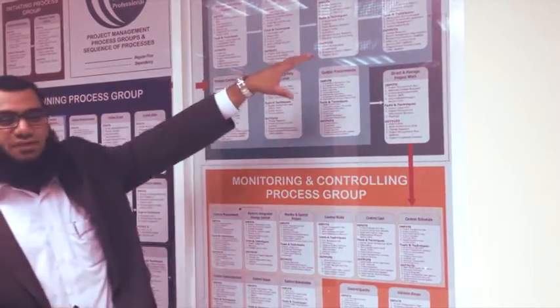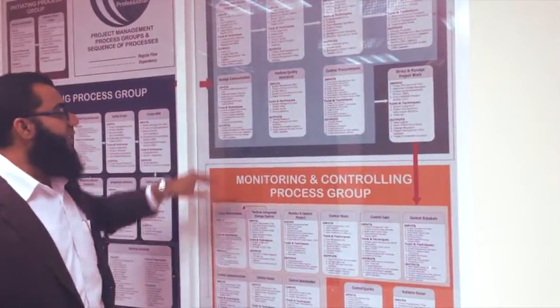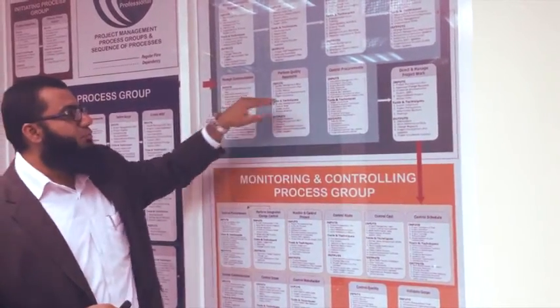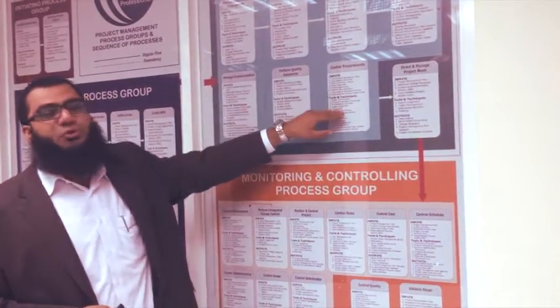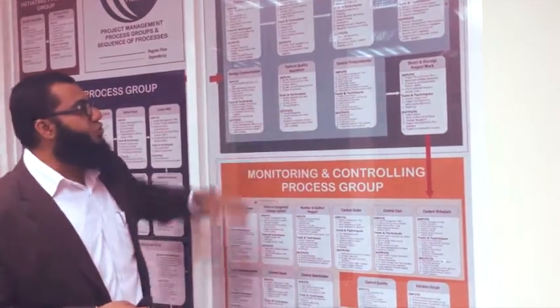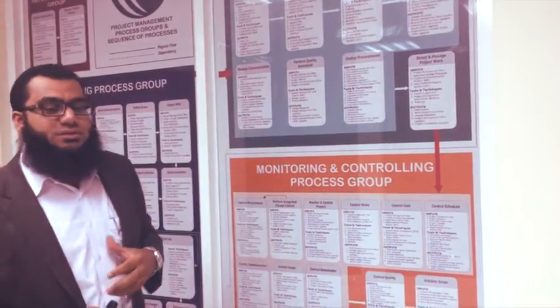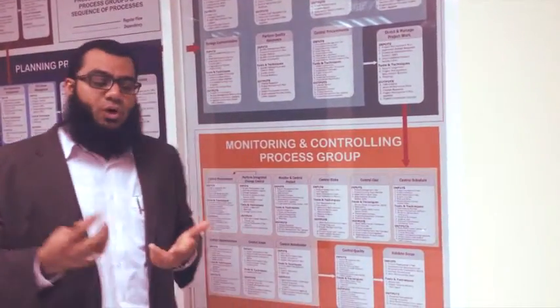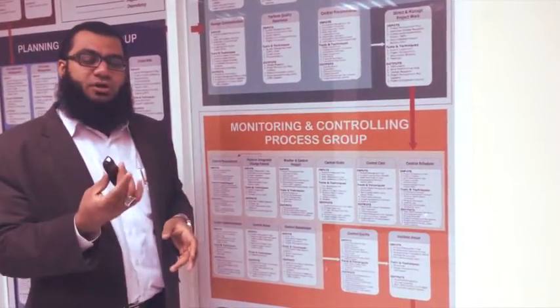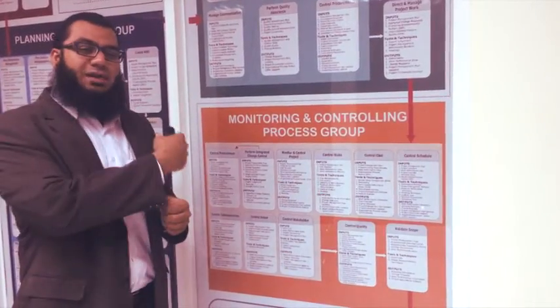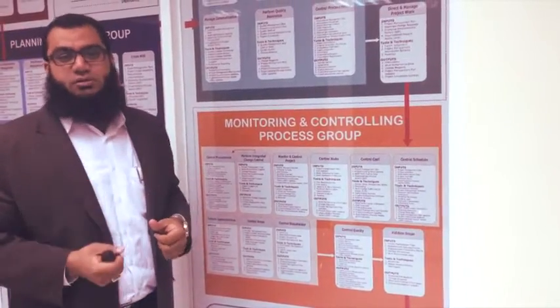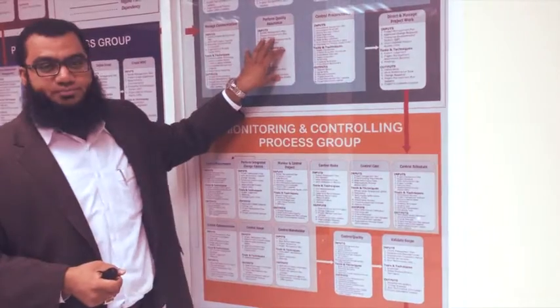At the same time, in parallel, you'll manage communication, perform quality assurance, and conduct procurement. Quality assurance is when you are executing the work: while you're making a product, you make sure that whatever you planned in quality, you're executing.